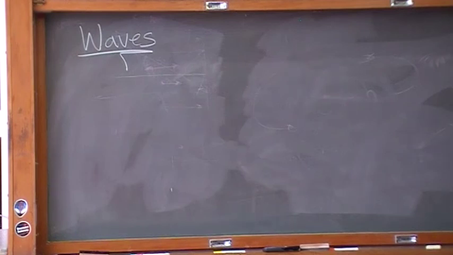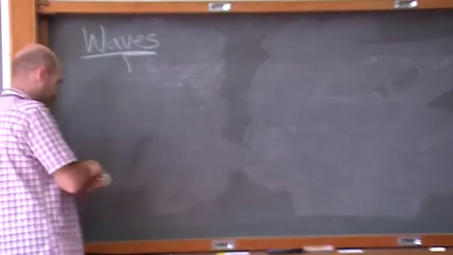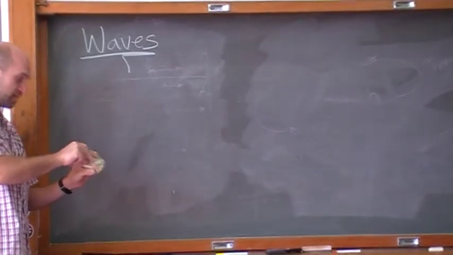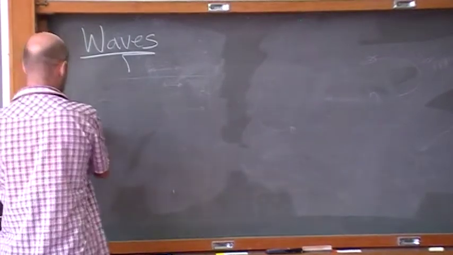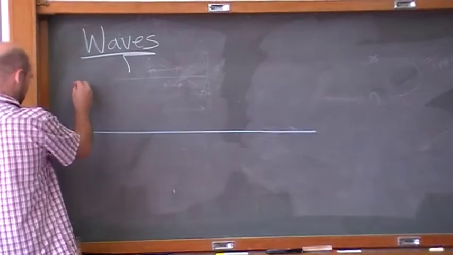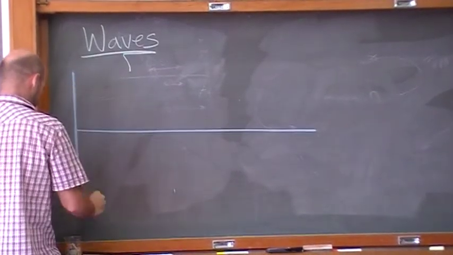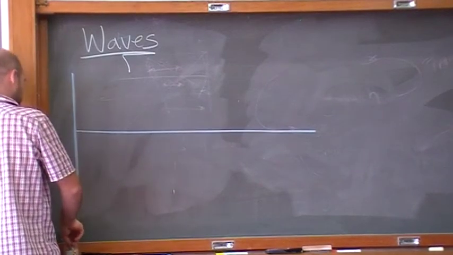And so we're going to start by sketching down a little diagram of what, as a physicist, we mean when we say a wave. So we're going to have an axis, and an axis like that, and a wave.